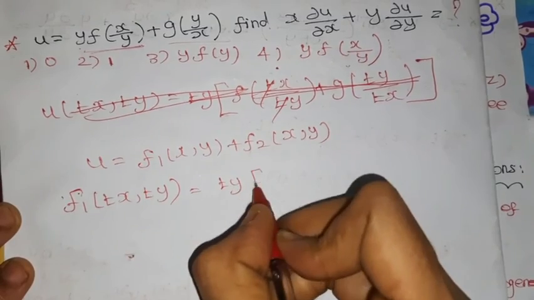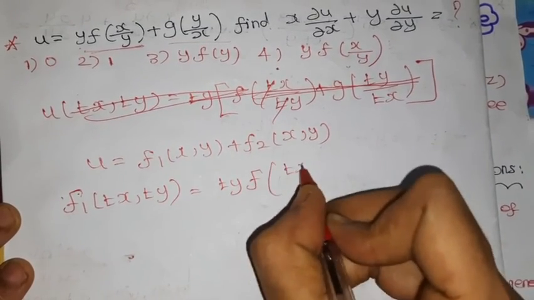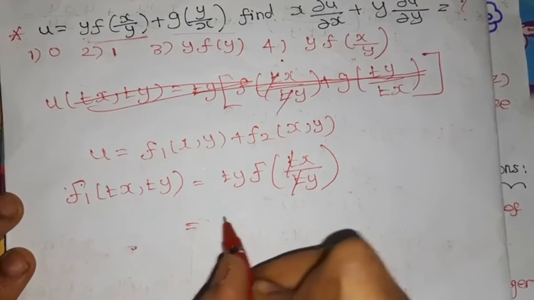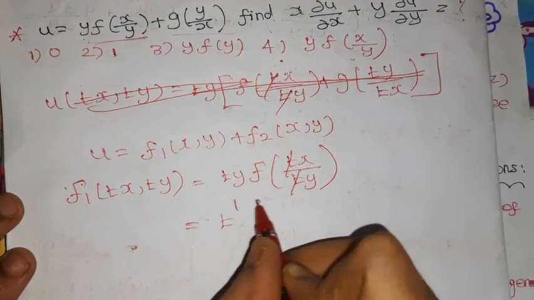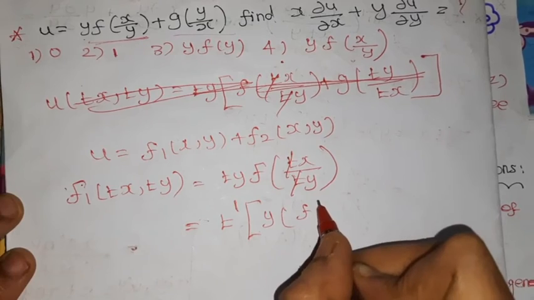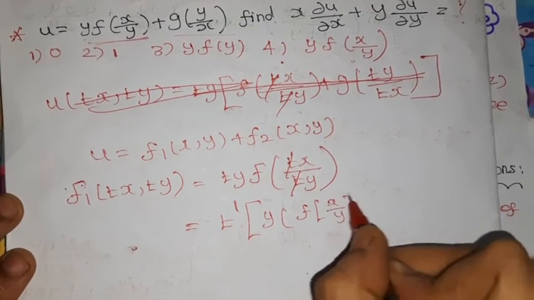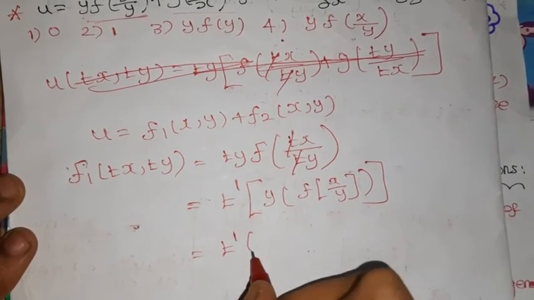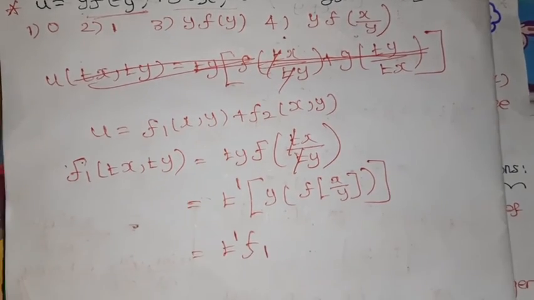So ty into f of tx by ty, cancelling this, t power 1 into y of a function of x by y. So t power 1 into function 1.